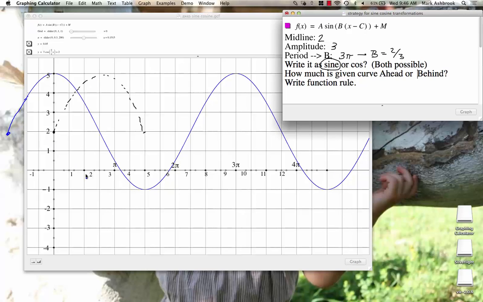How much ahead? This much. It's this far ahead, right? If you can compare the peaks there. Is that pi halves? I don't think so. It's not pi halves, right? Because this is what? This is 3 pi over 2.